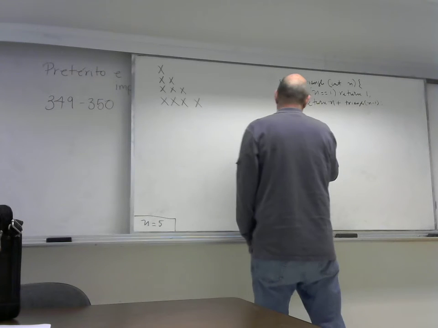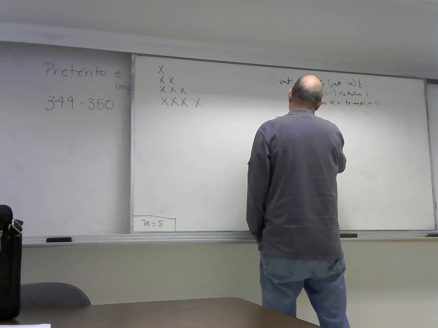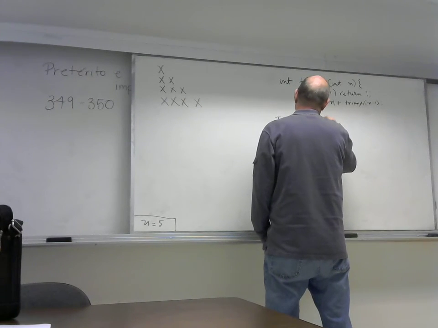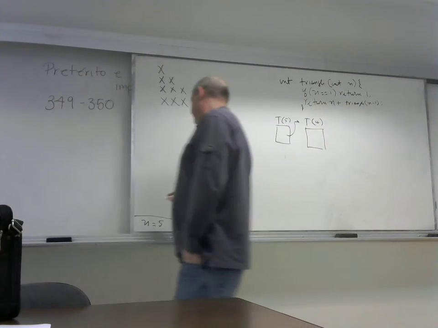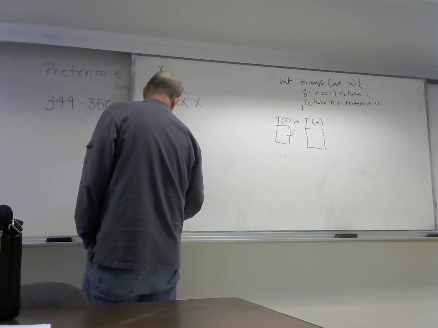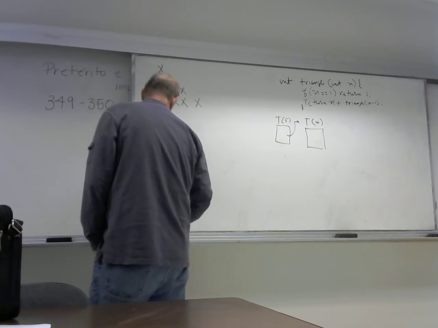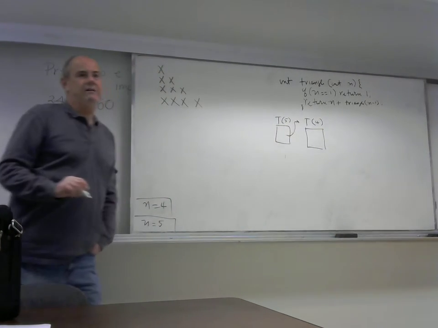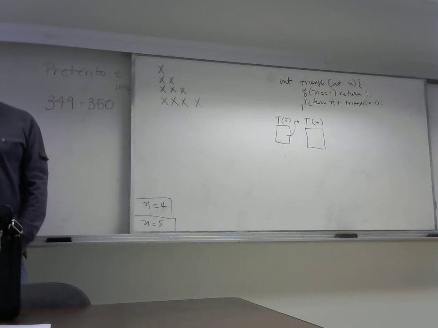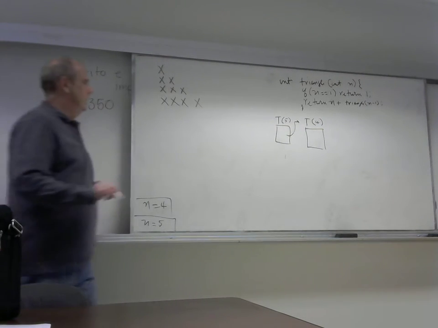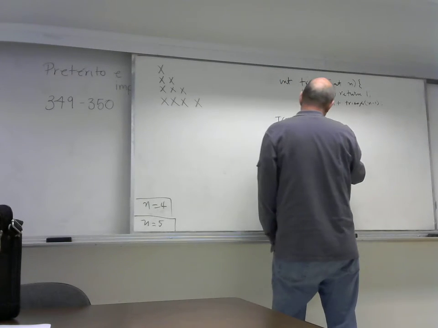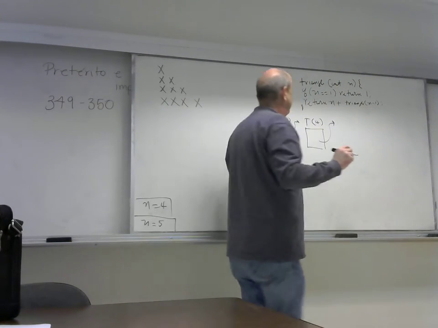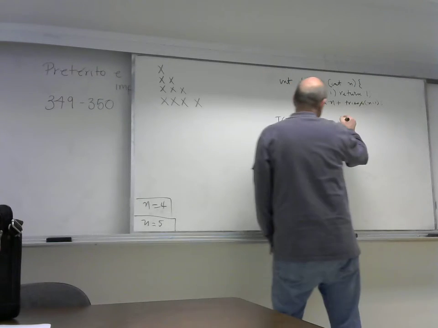Okay. I enter T of 4. Now n equals 4, and it's on the stack. Is the 5 on the stack? Yes. You didn't pop it, you just pushed it. So we enter this, and is n 1? No, it's not. So we come down here, and we have n plus triangle of 3.